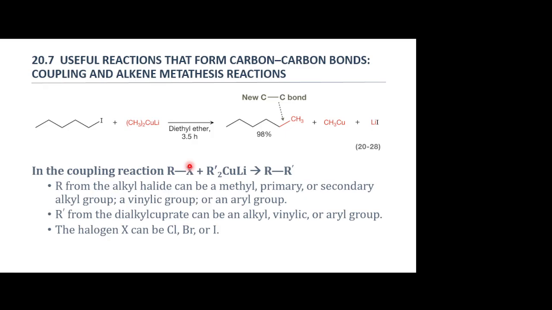Okay, some of those useful carbon-carbon bond coupling reactions that we've been looking at would be, for example, this is our alkyl cuprate right here. And we're targeting that positively charged carbon with a good leaving group on it in a very SN2 style reaction, right? Because it's an SN2 style reaction.